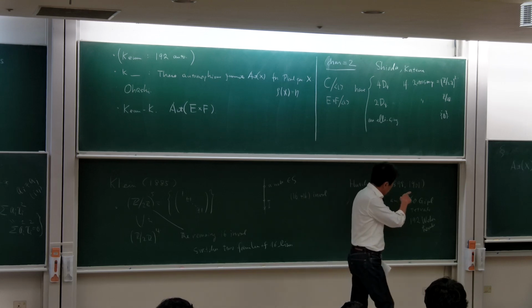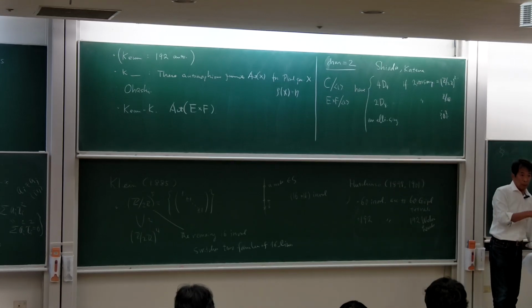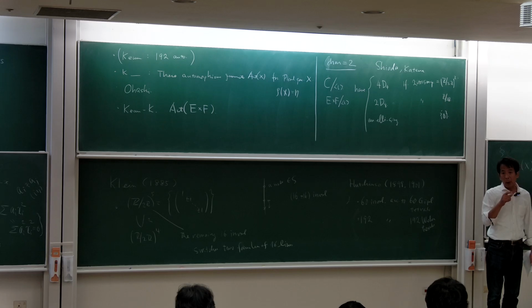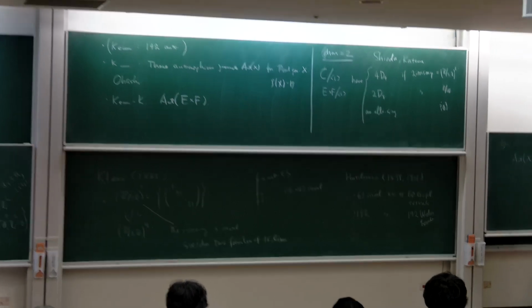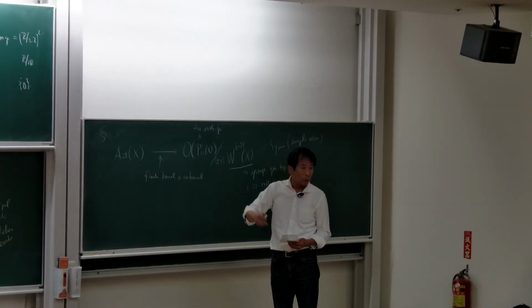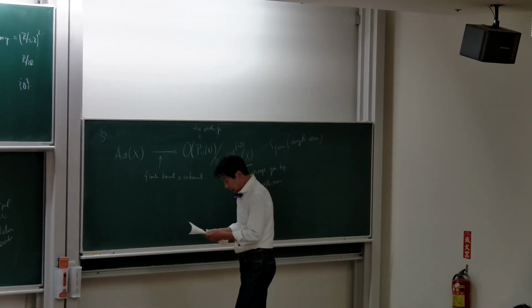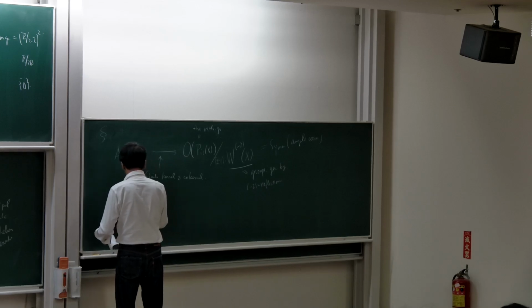So in this section, I want to explain how to find a fundamental domain of the automorphism group. So we can use the Leech lattice, as introduced by Mukai. Okay.